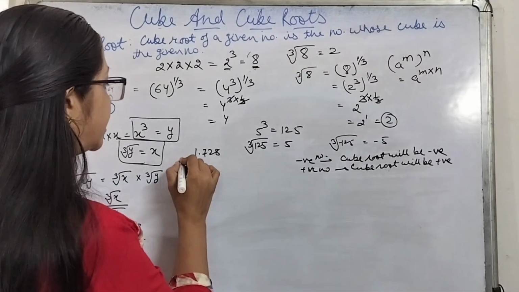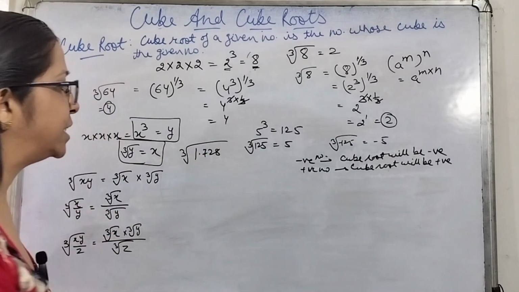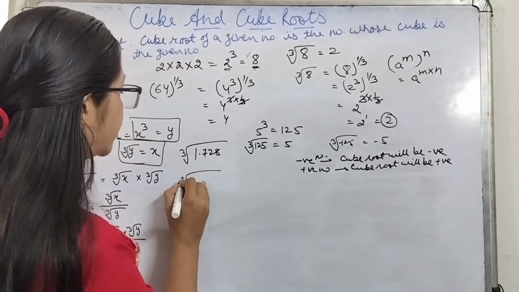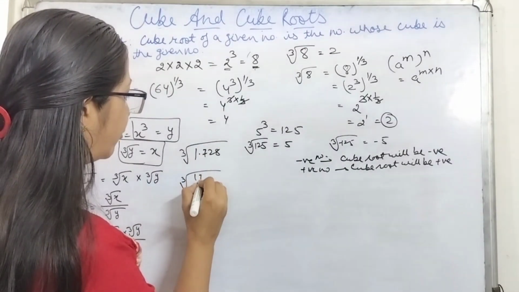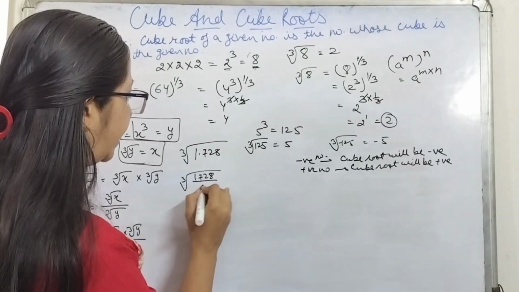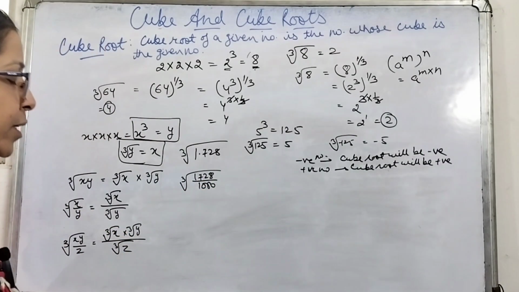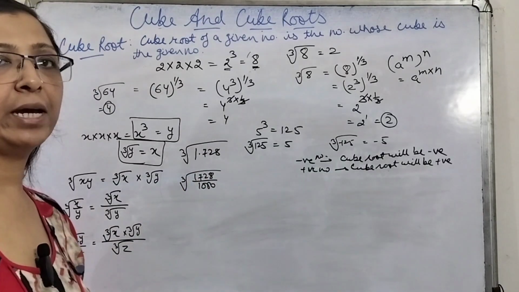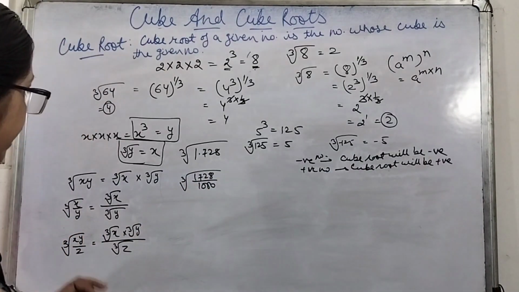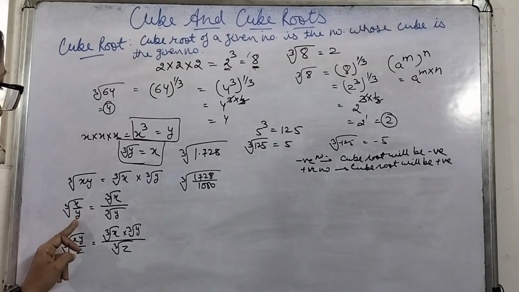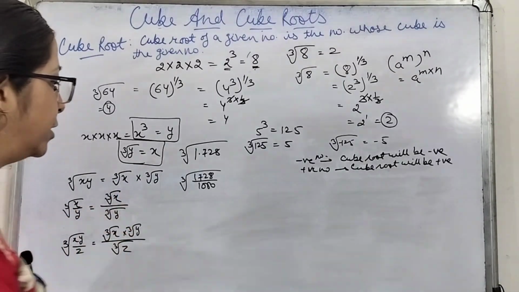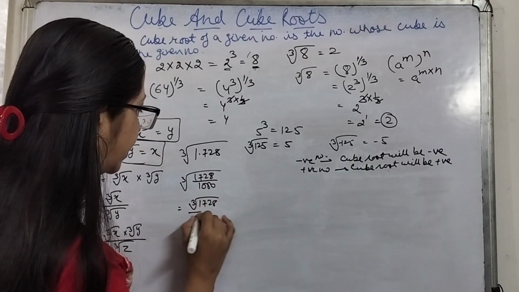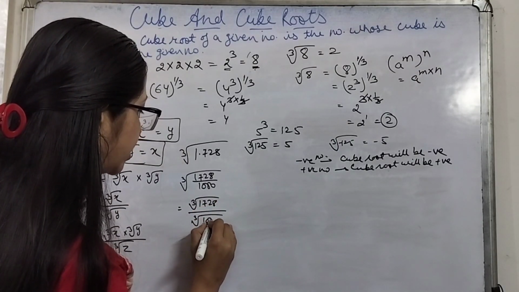So what we can do is remove the decimal and it becomes 1728 divided by 1000, because we removed the decimal and there were 3 decimal places, so we take 1000 in the denominator. Just now we said if it is cube root of x upon y, we can solve it separately. So it can be written as cube root of 1728 divided by cube root of 1000.